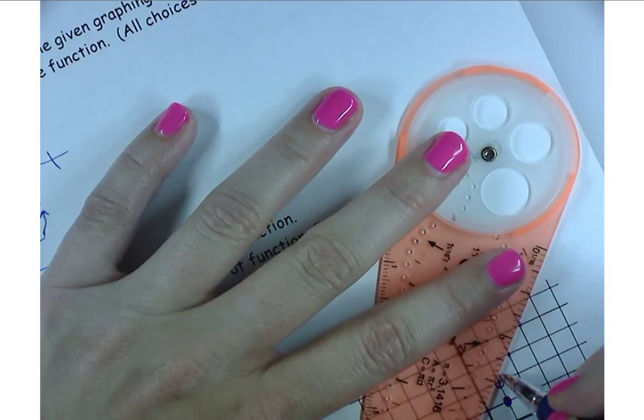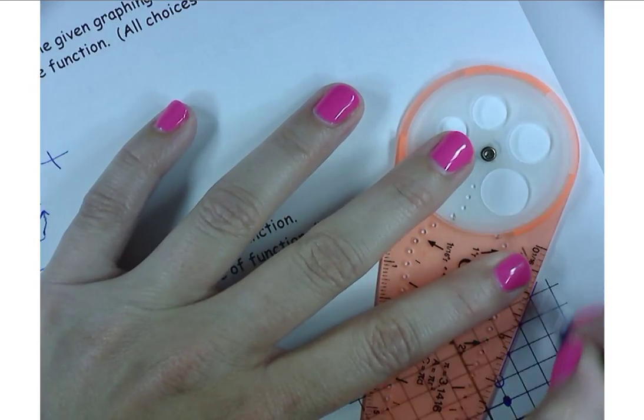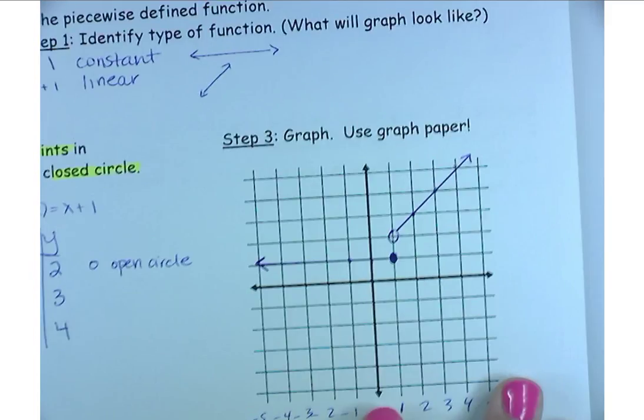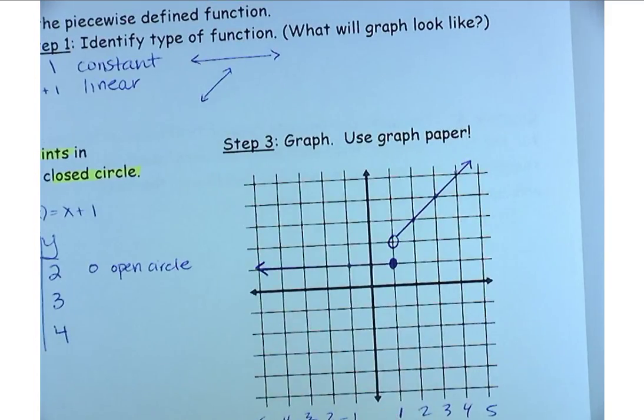Now, once you graph these, I'm hoping that you can see that those 2 lines, are they overlapping? No, they should never overlap.